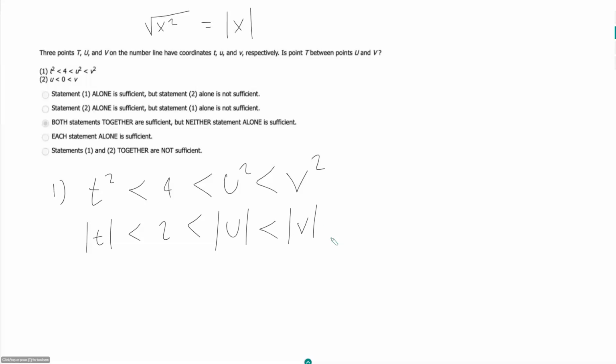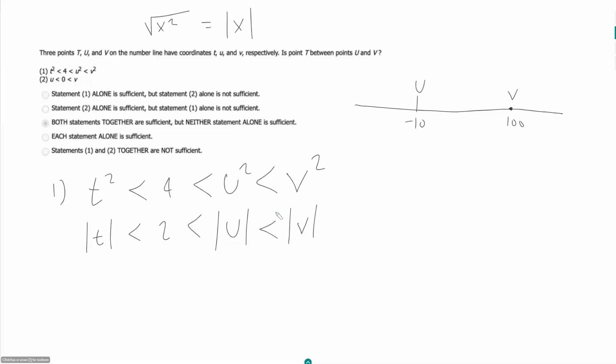So with that in mind, let's try and draw some examples of what our number line can look like. Let's start by drawing u and v first. v has to be further from 0 than u, so if I want to test wide ranges or extreme examples, let's say v is equal to 100, u is equal to -10.